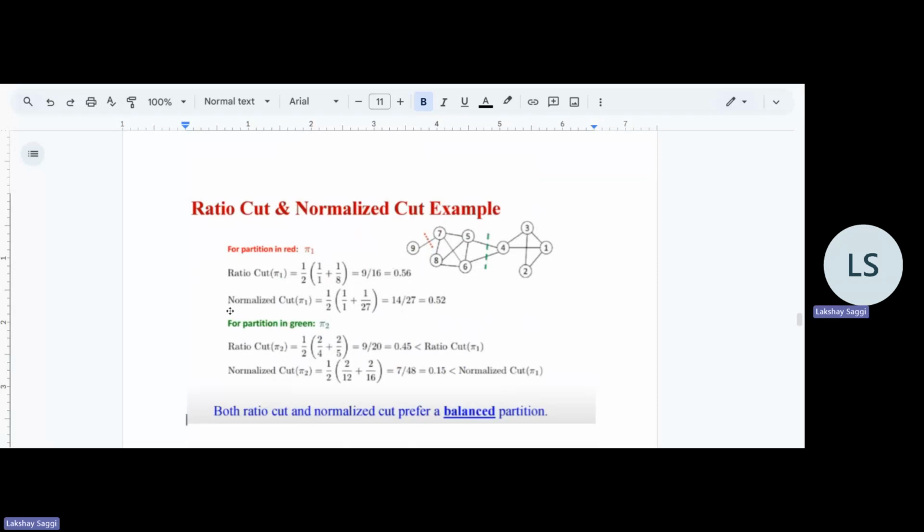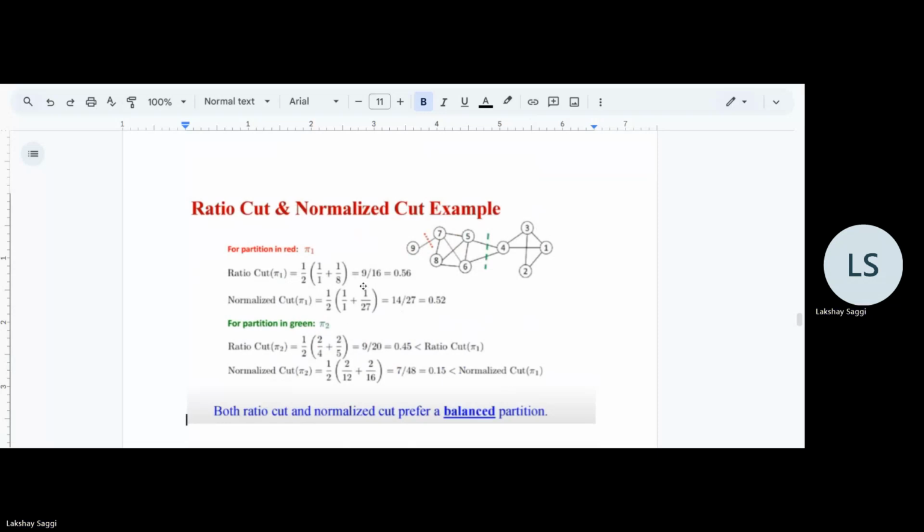And what's the normalized cut value? Again 1 over k, which is 1 over 2, and then the numerator is 1, because the cut going across is 1, divided by the volume of the cut, and volume is just the sum of degrees. For vertex 9, the sum of degrees is just 1 because it has degree 1, so the denominator will be 1.